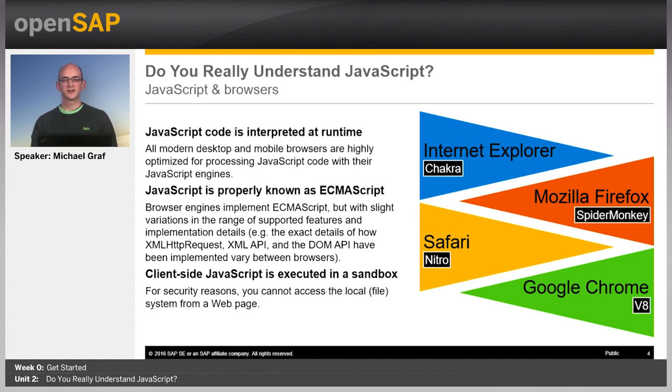Client-side JavaScript is also executed in a sandbox, so you cannot really access the local system of the user from the web page. And it's limited to the capabilities of the browser. However, if you want to overcome such limitations, you can package a JavaScript application as a native application or use web workers. In this course, we will focus on the traditional approach of executing a web page in a browser.